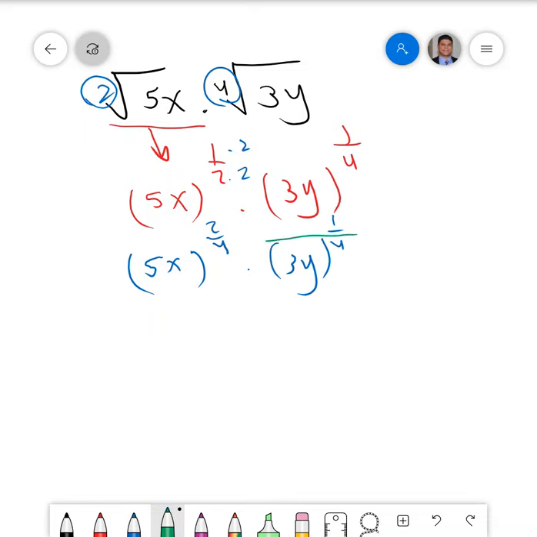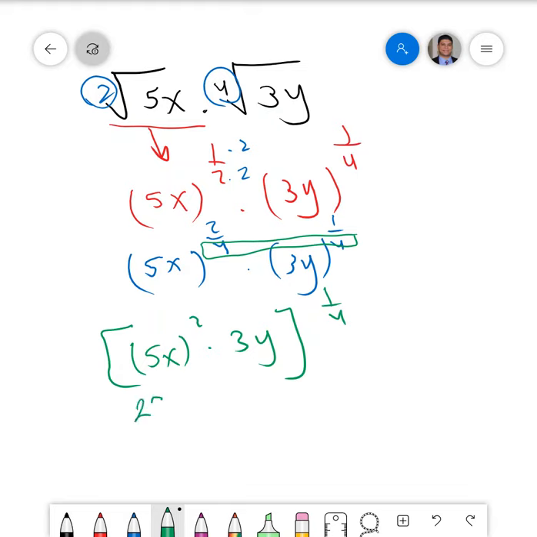Here we have same denominator, so we can take it as common. So we have 5x to the power of 2 times 3y, all to the power of 1/4. 5 to the power of 2 is 25. 25 x squared times 3y, all to the power of 1/4.